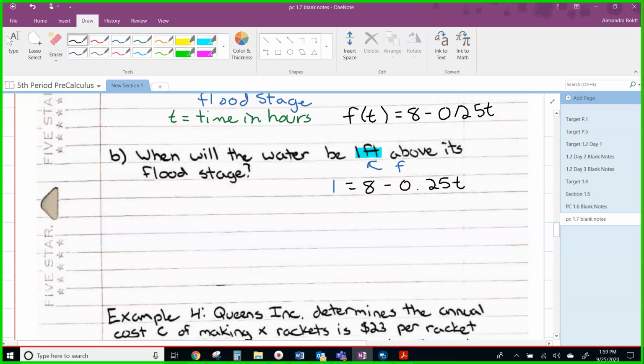And now I'm just going to solve for t, right? I'm going to subtract 8. Well, 1 minus 8 is negative 7. And then I'm just left with negative 0.25 t.